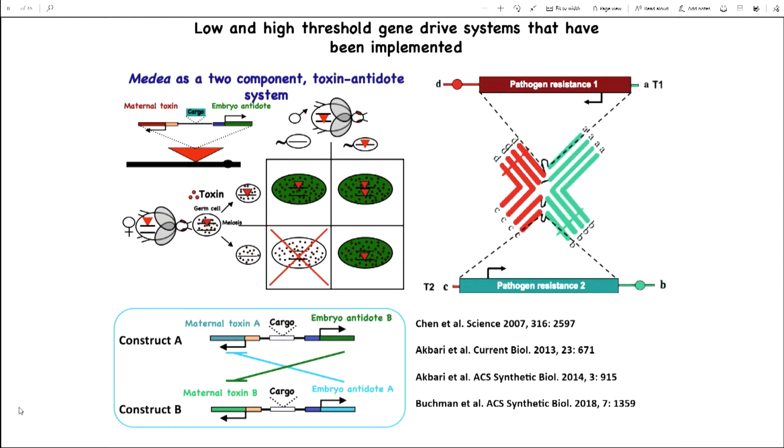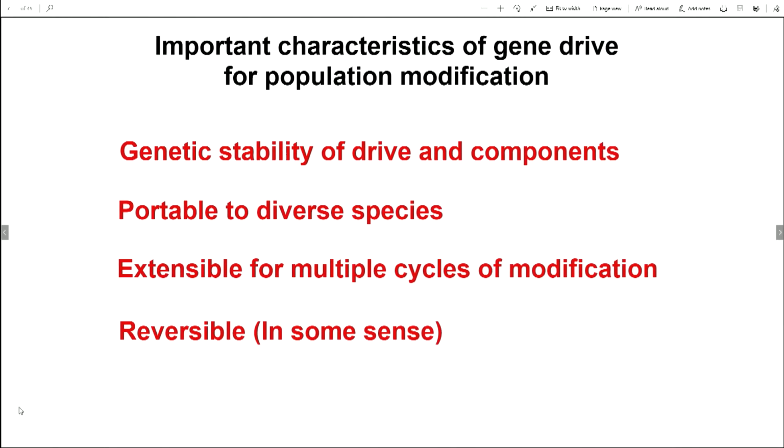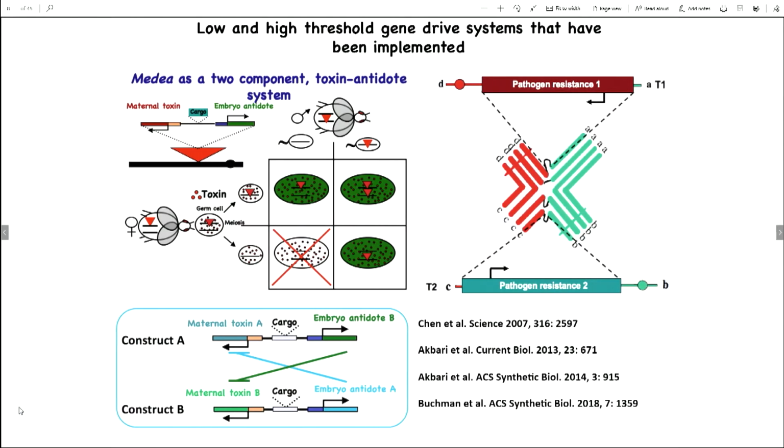To some extent, they have the characteristics that we'd like. But we've always felt that they fell short at some level, particularly in terms of portability to diverse species, basically the ease with which it was possible to make these things. Short answer is they took a lot of work.